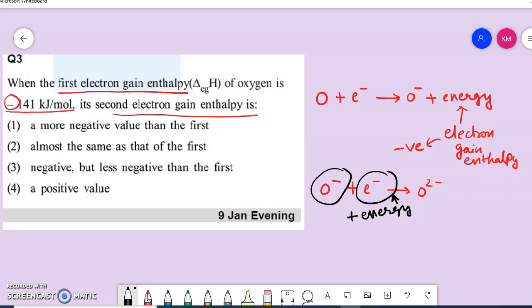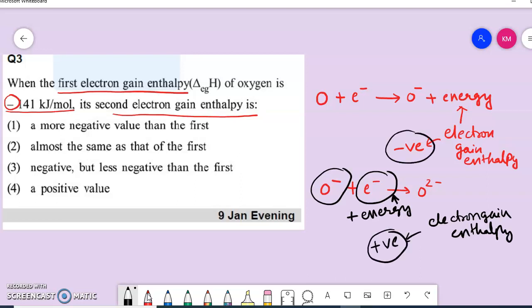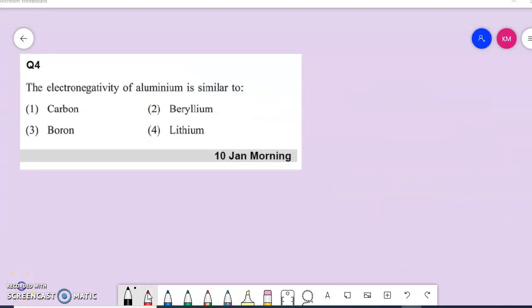So that's why the second electron gain enthalpy is going to be positive. First electron gain enthalpy is negative and second electron gain enthalpy is positive. So option 4 is the correct answer for this question. Hope you understand, children. Let's move on to the next question.